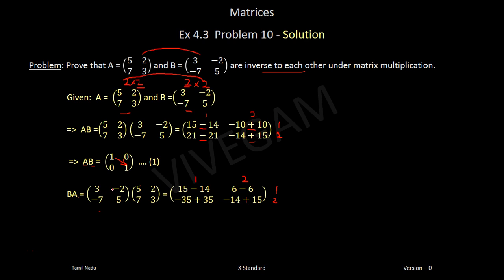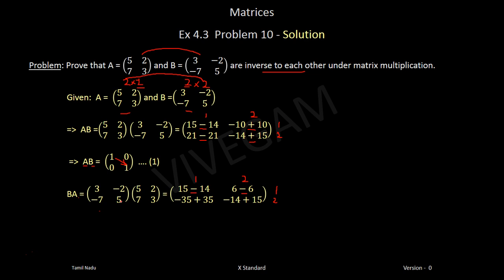First row into first column: 3 fives are 15, minus 2 into 7 is minus 14. Now first row into second column: 3 twos are 6, minus 2 into 3 is minus 6.